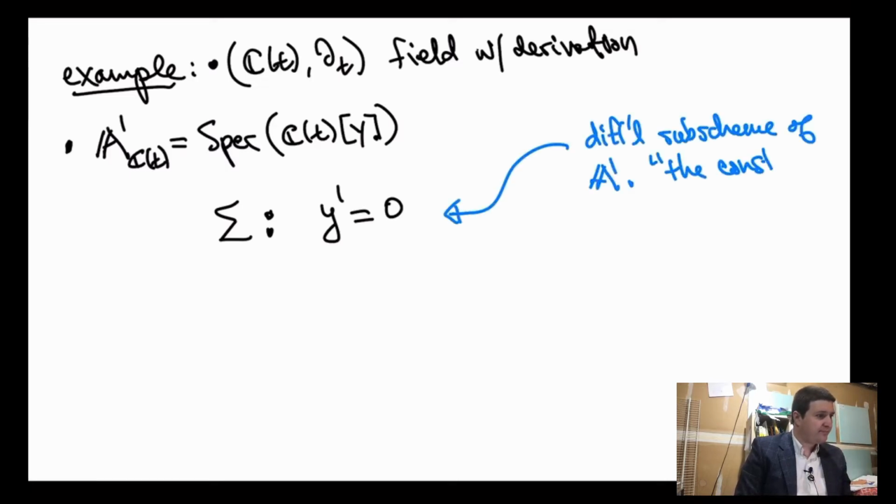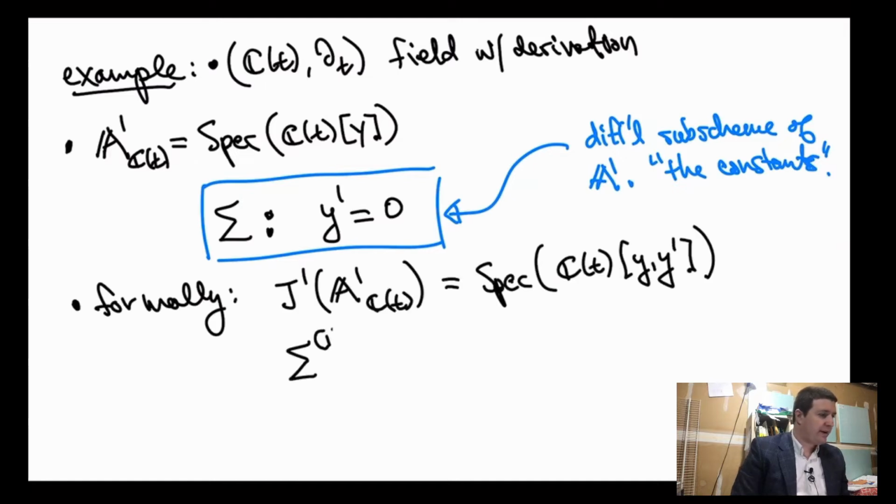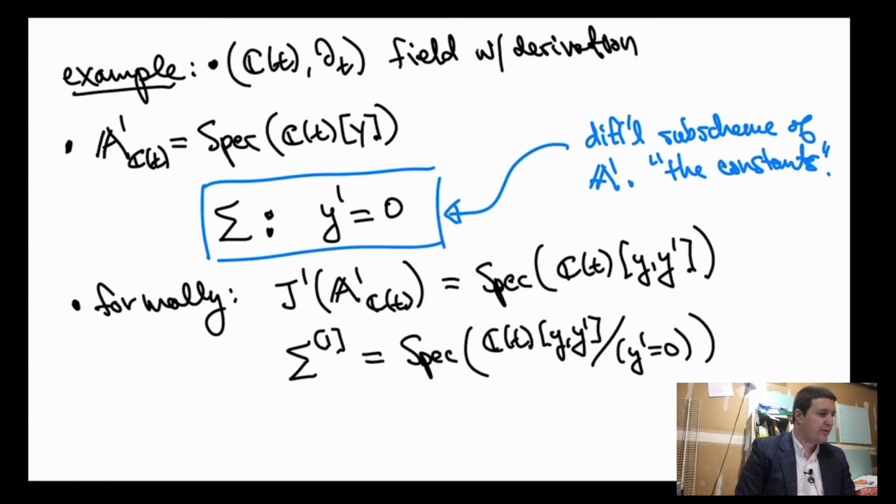So this is the constants of a derivative. The way that we write it out is we formally adjoin a new variable, so we make the prime a new variable, and then we cut out a subscheme of the thing that we made with new variables.